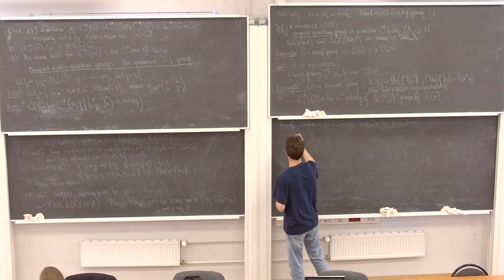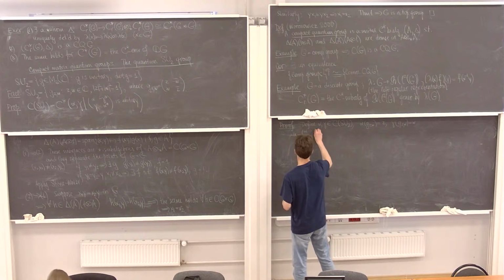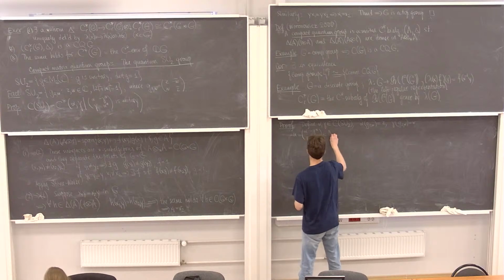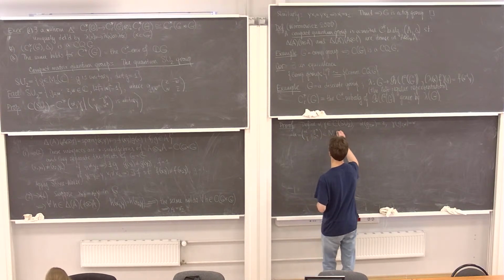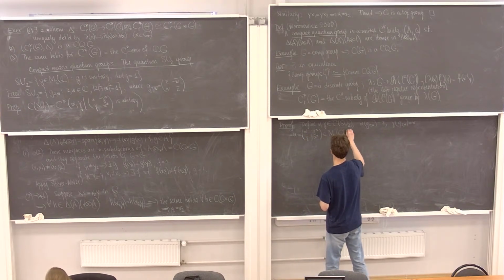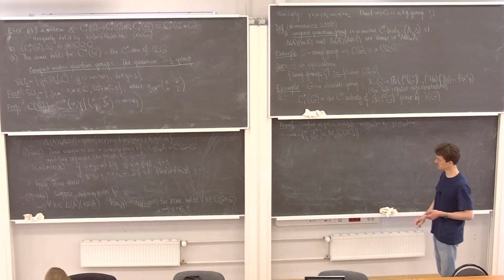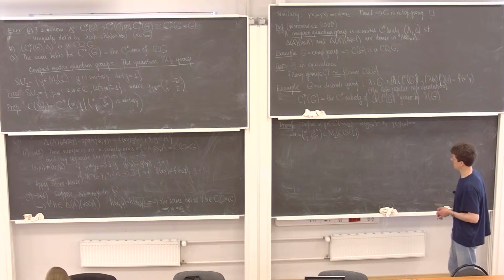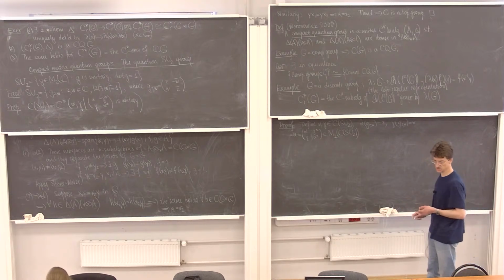So let's denote the respective matrix by U. U is alpha, gamma, minus gamma star, alpha star. So this is a 2x2 matrix over our algebra of continuous functions. By the way, why is it unitary? Well, the easiest way to answer this question is as follows.